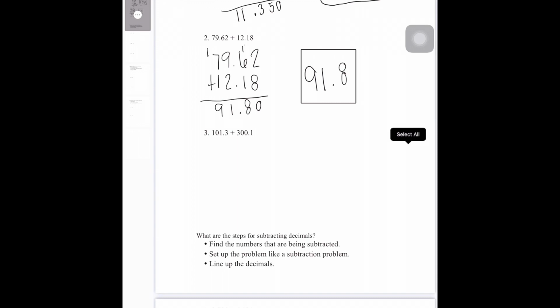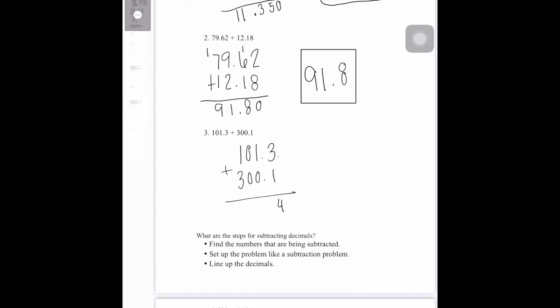Okay, so this is going to be a little bit of a trickier one because we're going to the hundreds on the left side. So let's start off with 100, 1 and 3 tenths, and then 300 and 1 tenths. So 3 plus 1 is 4.